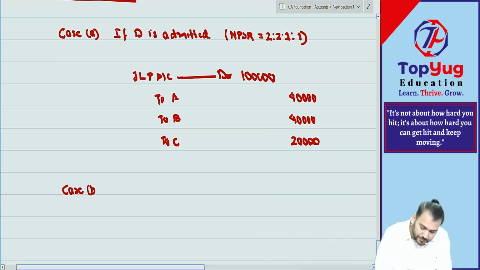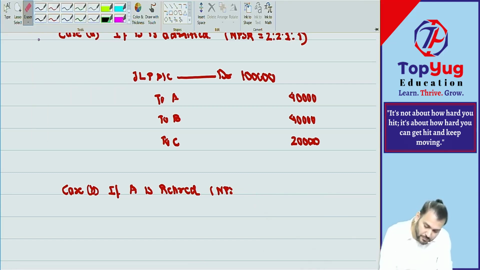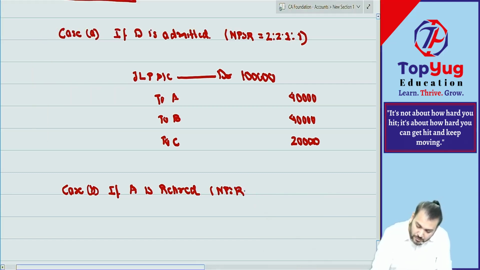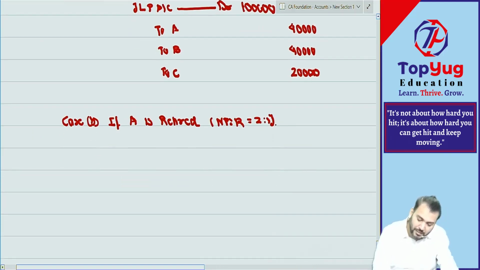Case number B. If A is retired, NPSR is 2:1. But what you will do? Same journal entry.